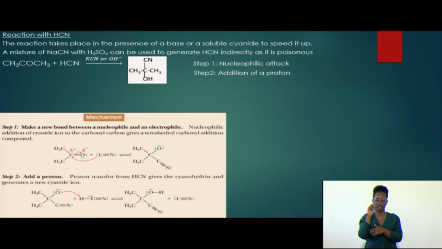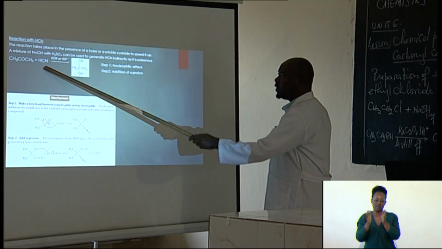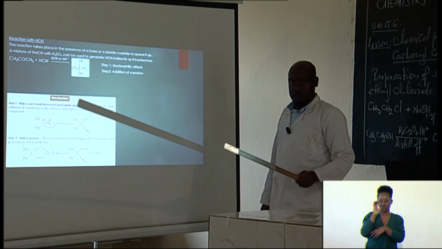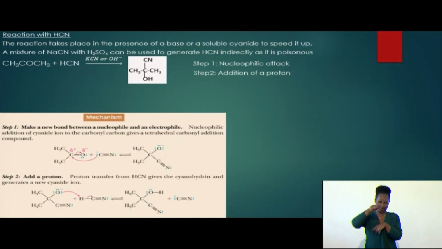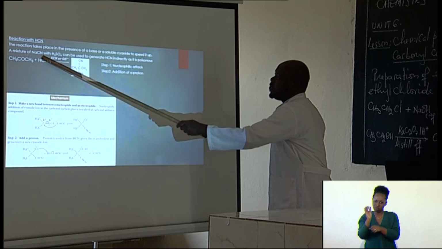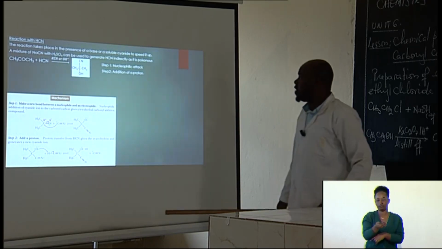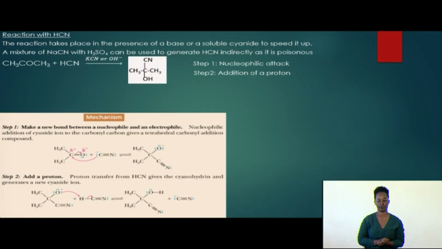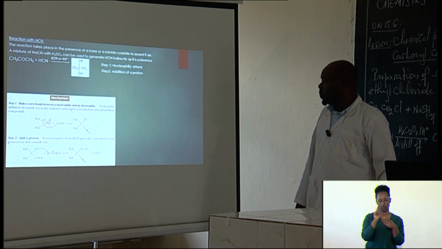This one is ionic. It can also increase the concentration of cyanide ions. And because the HCN is toxic, it's better if you generate it indirectly using a mixture of sodium cyanide and sulfuric acid. The reaction takes place in two steps: nucleophilic attack and the addition of a proton.